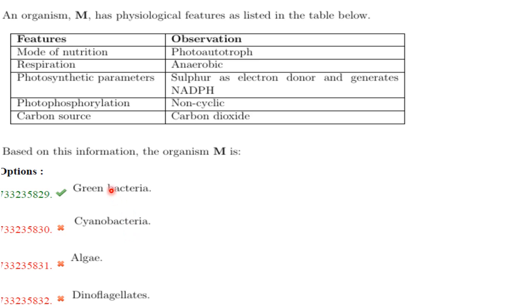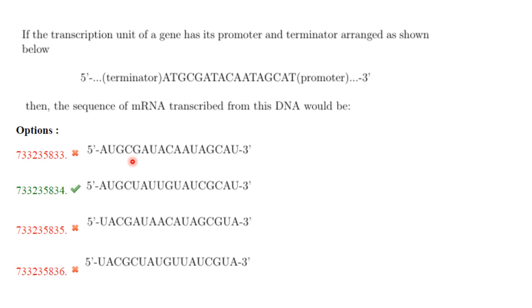So we will come to green sulfur bacteria, or the green bacteria. It is anaerobic, it is photoautotrophic, sulfur is acting as electron donor, it is non-cyclic photophosphorylation, and the carbon source is carbon dioxide. So the answer is option 1, green sulfur bacteria or green bacteria.